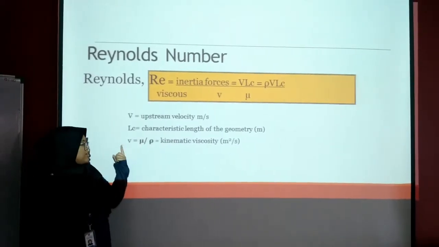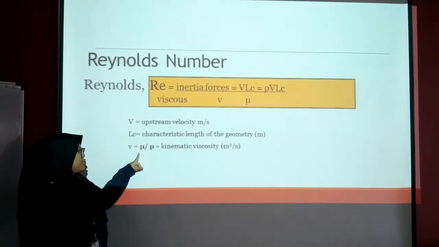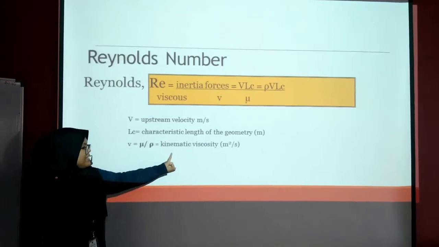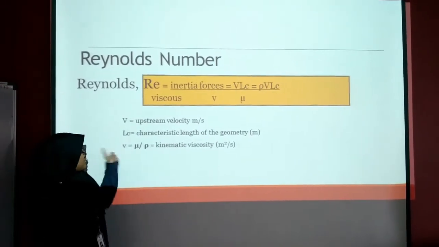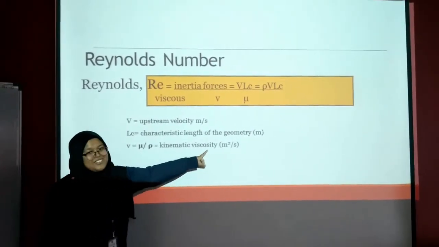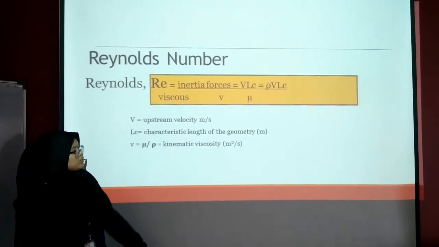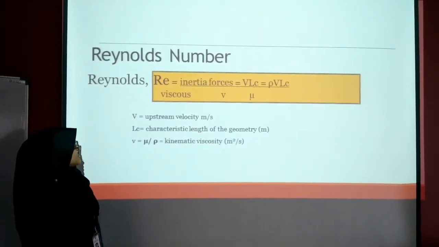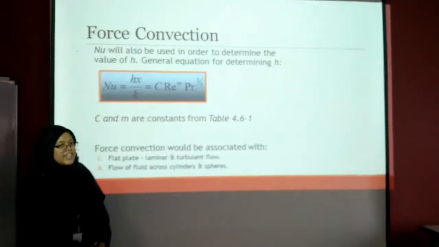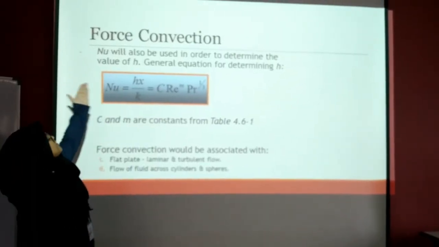To find nu, we have to do mu over density, and nu is the kinematic viscosity, in m squared per second. Next slide. And next, we will see the forced convection.